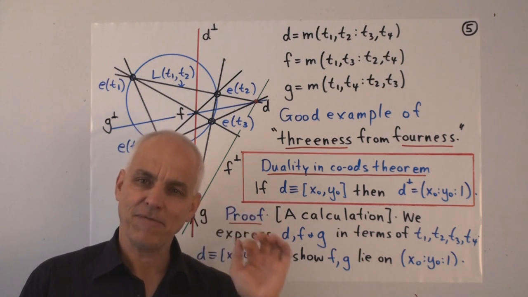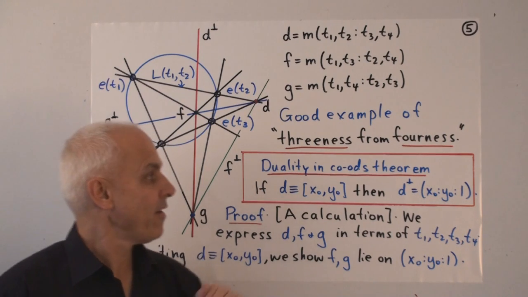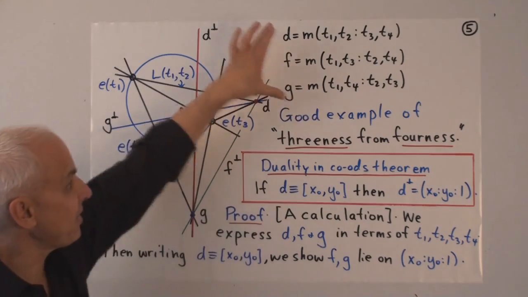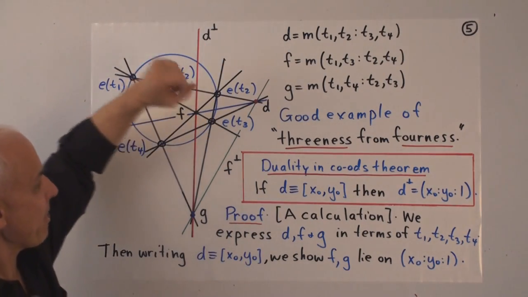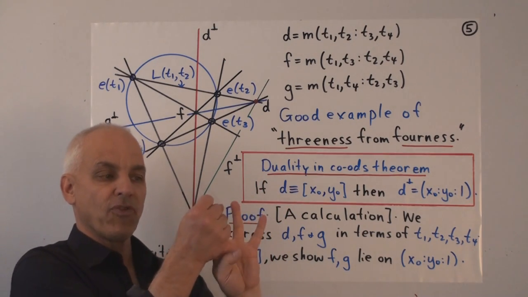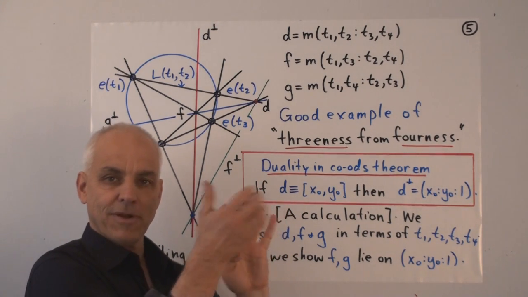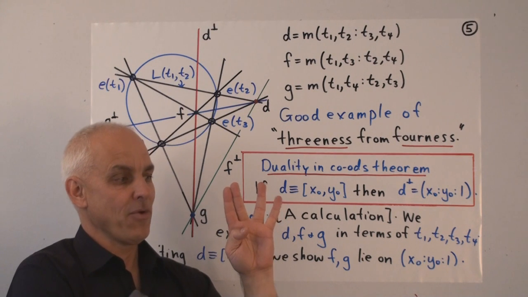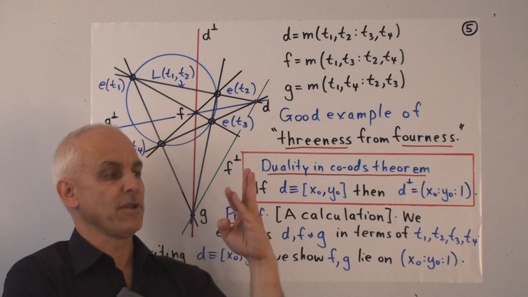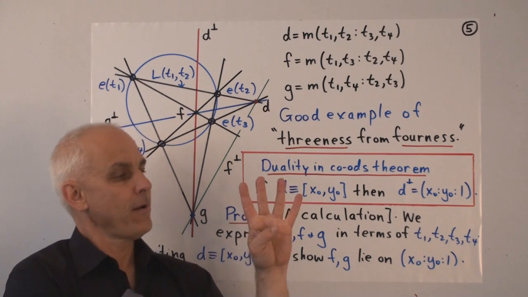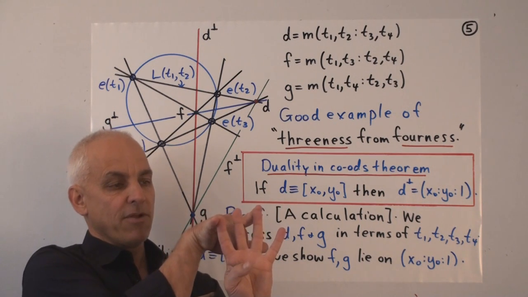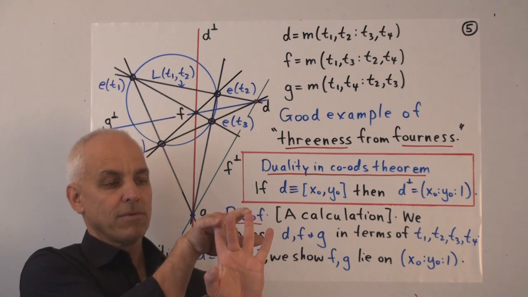But in fact, there's this lovely and simple way of going from fourness to threeness. How? Well, we've seen it here. It's thinking about subdividing these 4 points into 2 groups of 2. All right, that's one way of doing it. Another would be like that. Another way of doing it would be to group those 2 together and these 2 together, like that. And the other way would be to group these 2 together and these 2 together, like that.